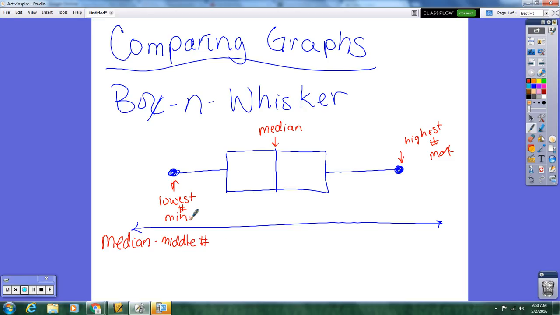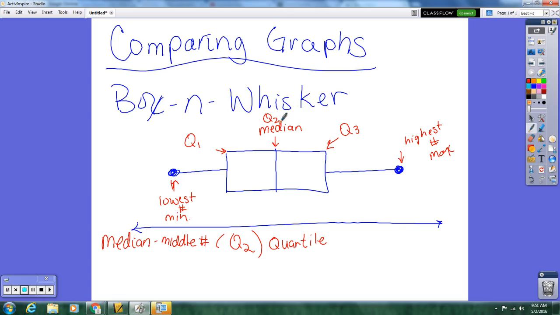The median is also called Q2, which stands for quartile. This point right here is Q1, and this point is Q3. Right, so Q2 is the median, or the middle number of the whole data set.